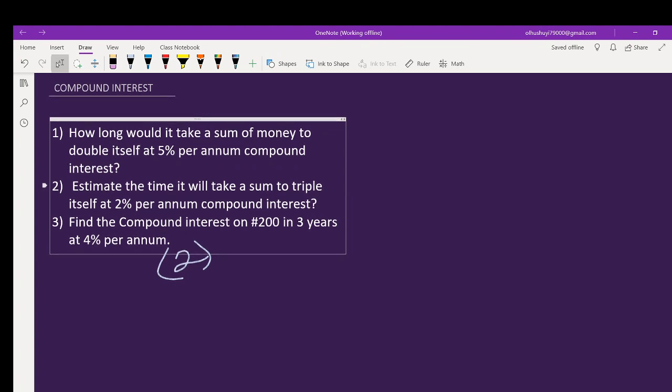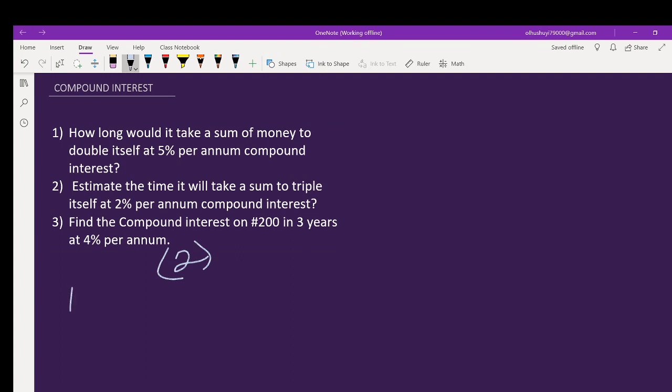So we have only the rate. If the money doubles itself, what would that turn to? That means the result of that is the amount you will have. So your amount will be the money.